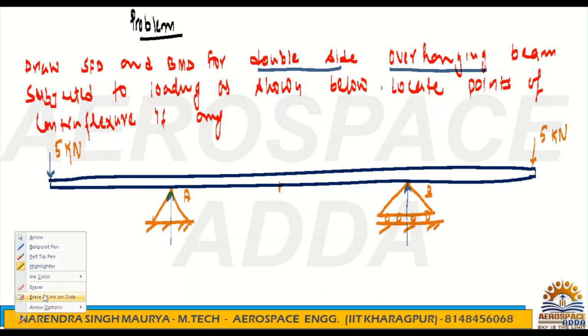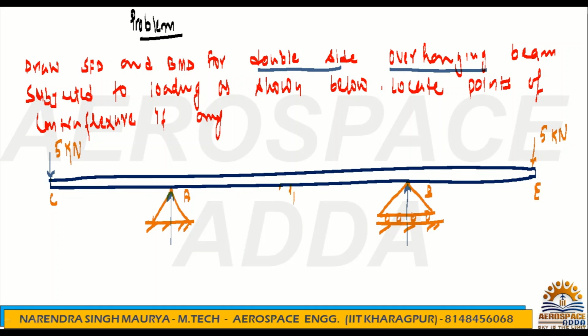Don't change that naming, otherwise your answer will not be correct. Why? Because if they ask to calculate the moment at point B and you use your own naming, and now that B becomes E, your answer will change. So better to see the beam. If naming is given, don't change it. Here it is given: this is A, B, now this will be C, this is E, and this is D.